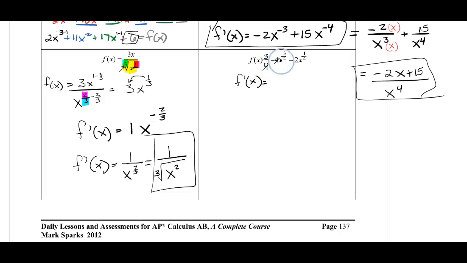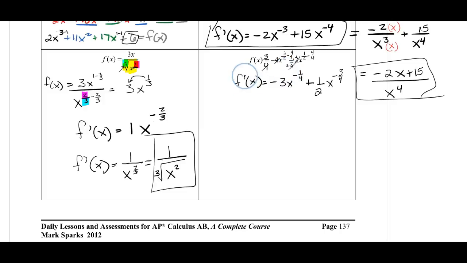My 4's cancel, and I have negative 3x to the 3/4 reduced by 1 is negative 1/4, plus 2 times 1/4 is 1/2. X to the 1/4 reduced by 1 is negative 3/4.